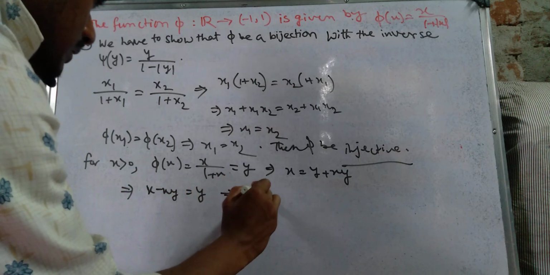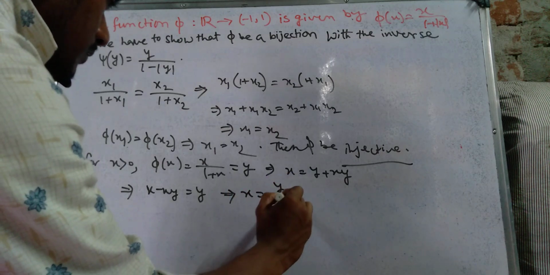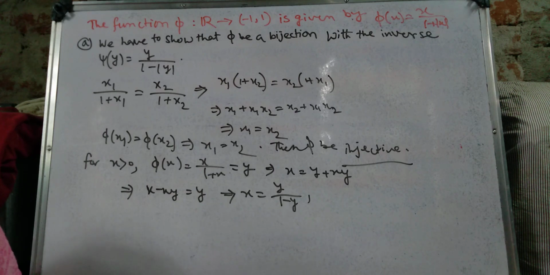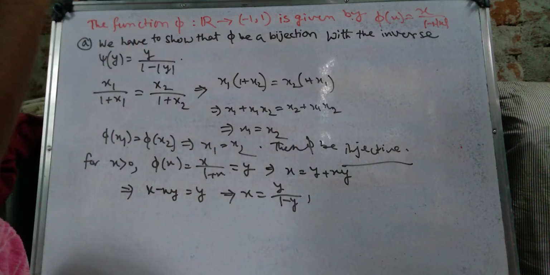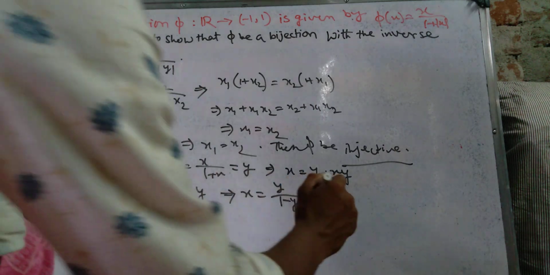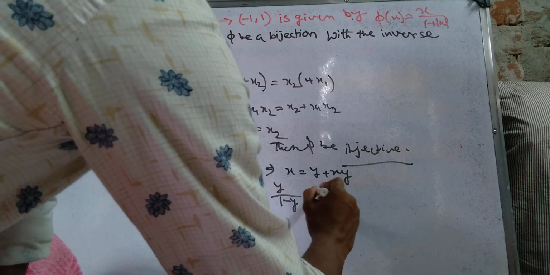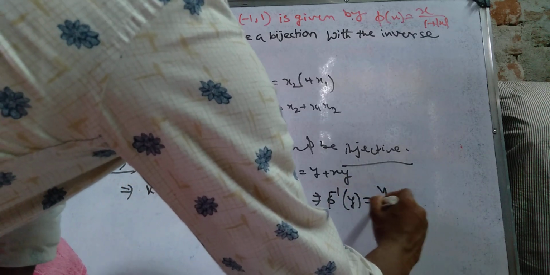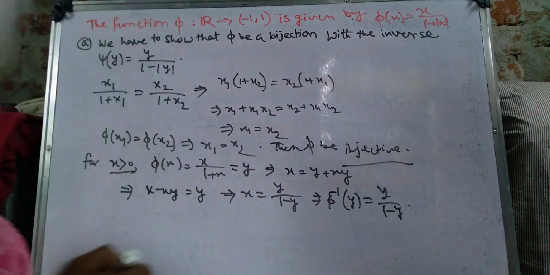This implies that x equal to y by 1 minus y. Okay. So for x greater than 0, this implies phi inverse of y equal to y by 1 minus y.